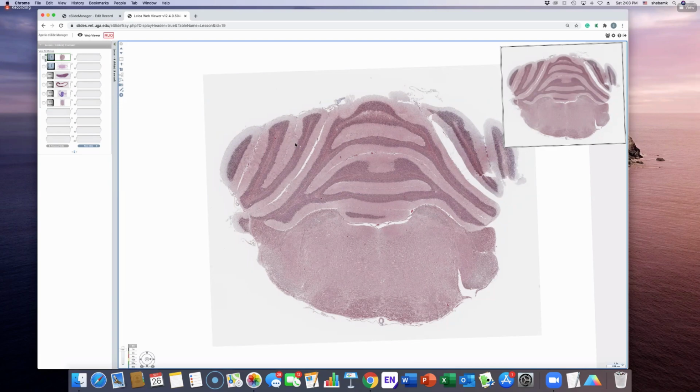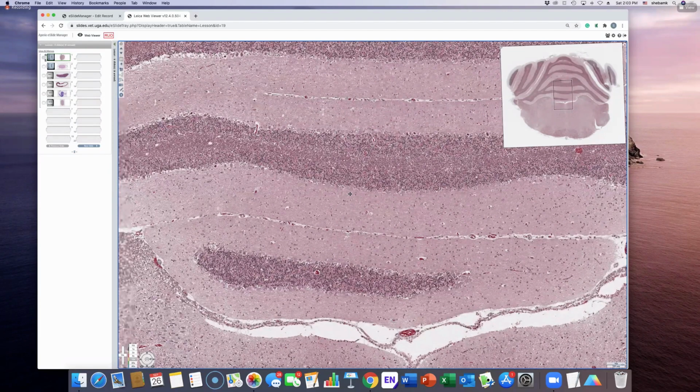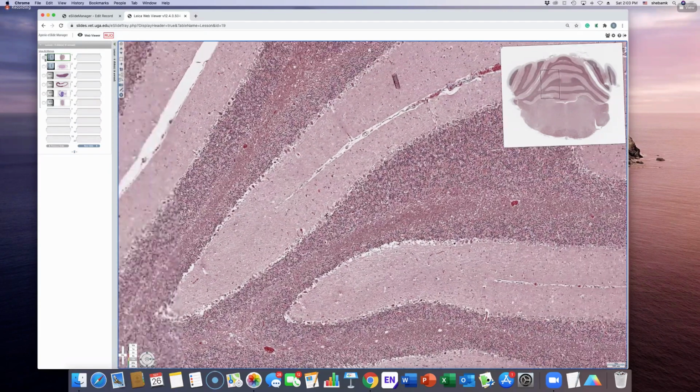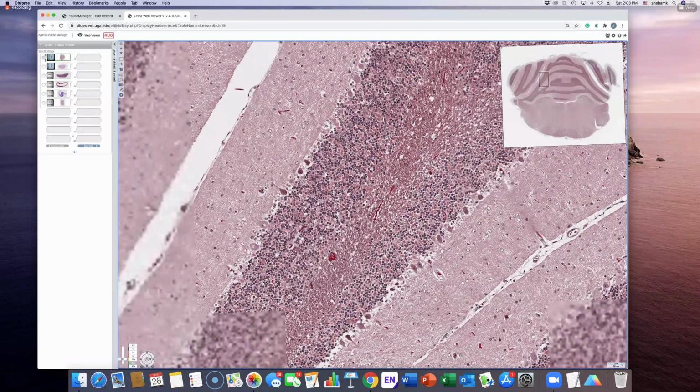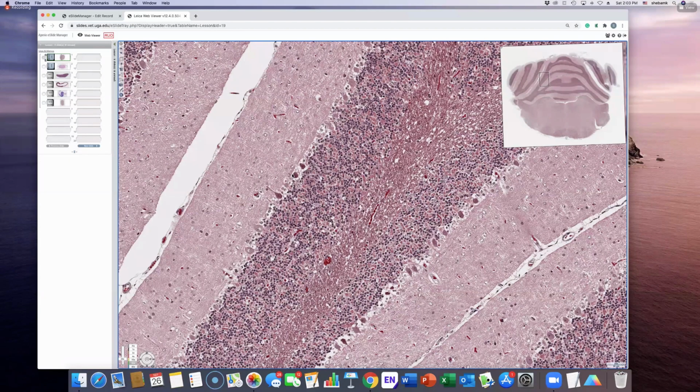Let's go closer to look at some of these neurons. Here's the molecular layer again, and the neuronal layer. This is gray matter. This is axon, so this is white matter in the middle, and gray matter again. All these are neurons, smaller neurons and bigger neurons. What are these neurons called?